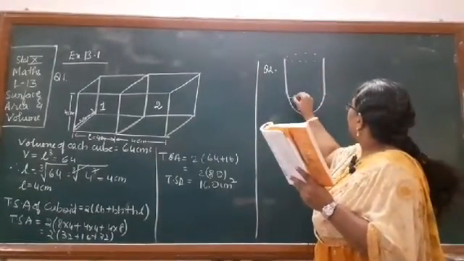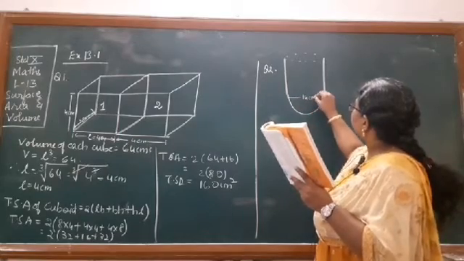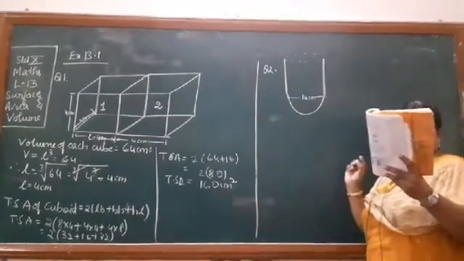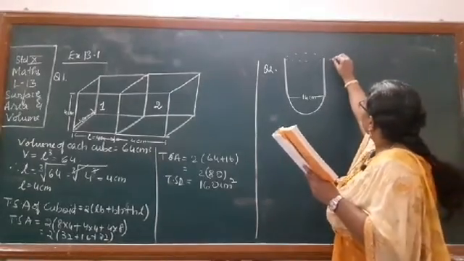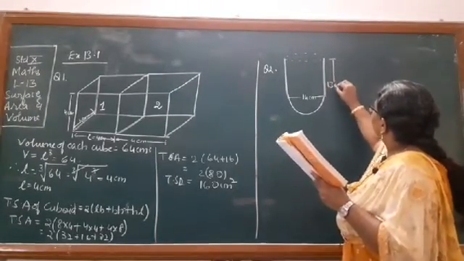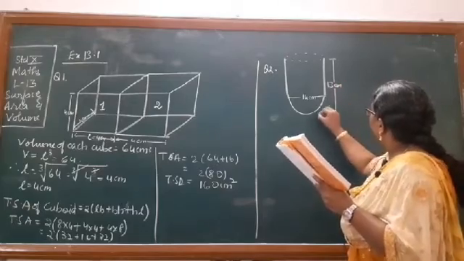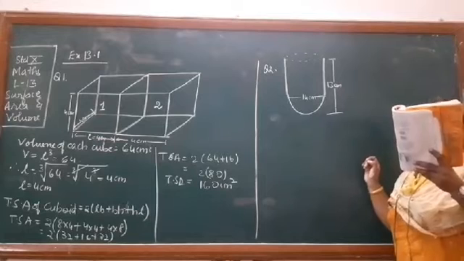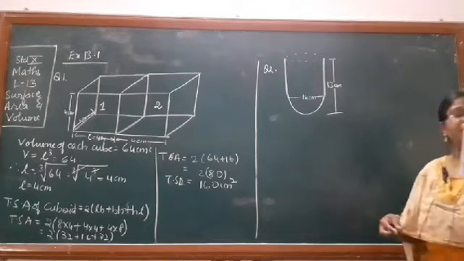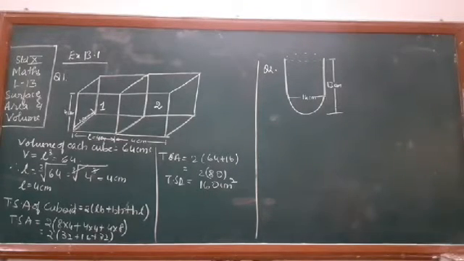The diameter of the hemisphere is given as 14 centimeter, isn't it? And the total height of the vessel is given as 13 centimeter. The total height means from here to here. And find the inner surface area of the vessel. You have to find the inner surface area of the vessel.